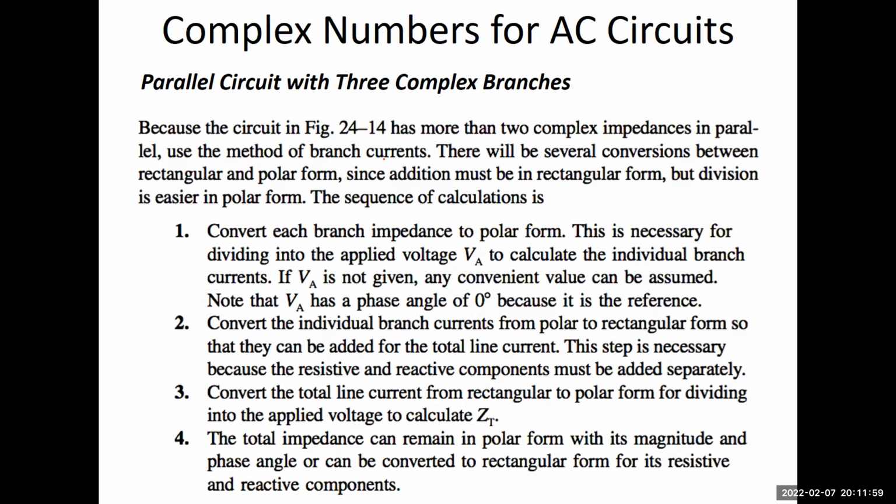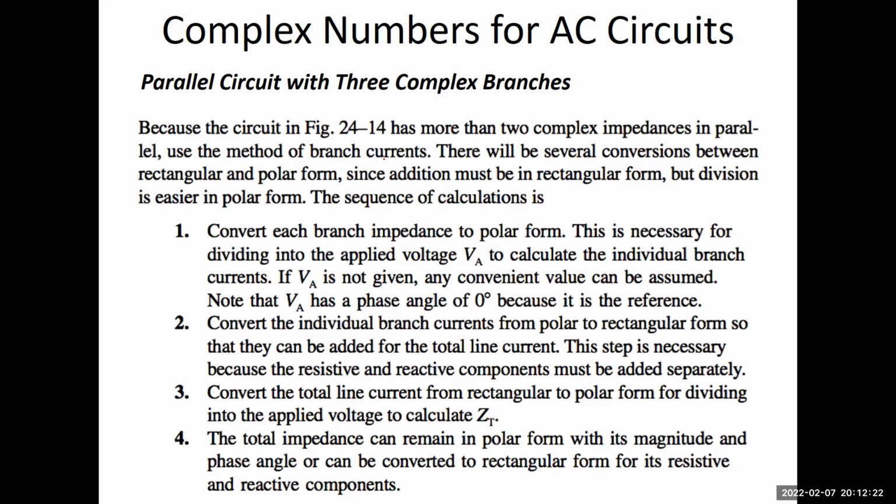And then next, you convert the individual branch currents from polar to rectangular form so that they can be added for the total line current. So madali lang. Okay? You combine the real terms, and you combine the J terms. And this step is necessary because the resistive and reactive components must be added separately.